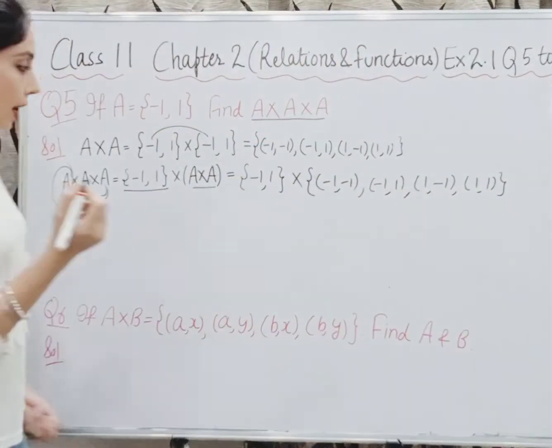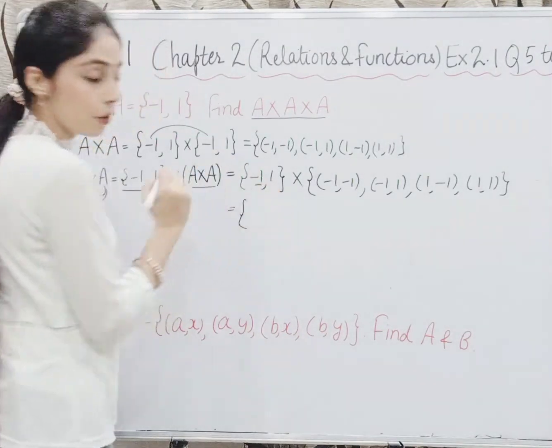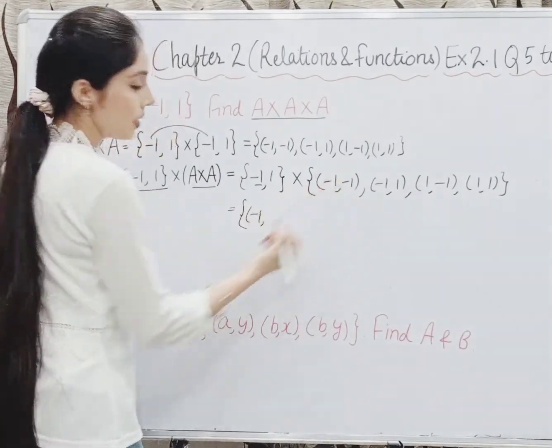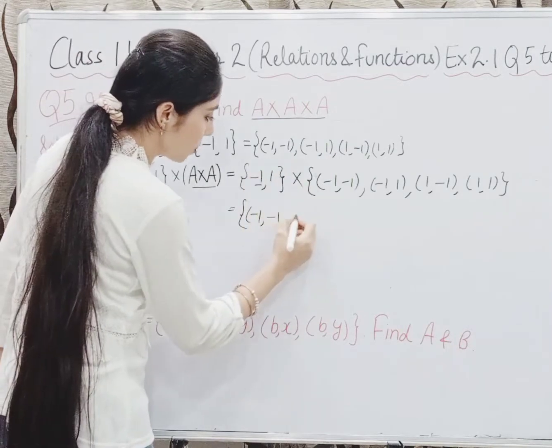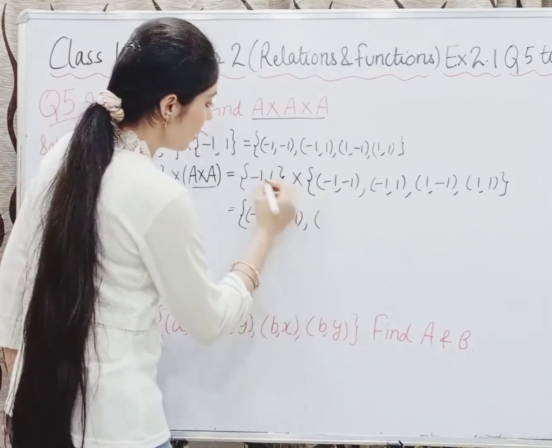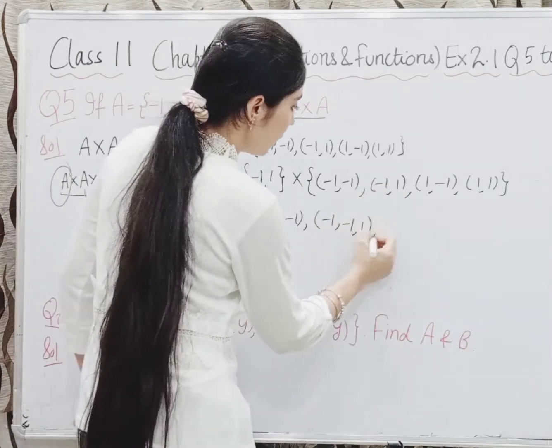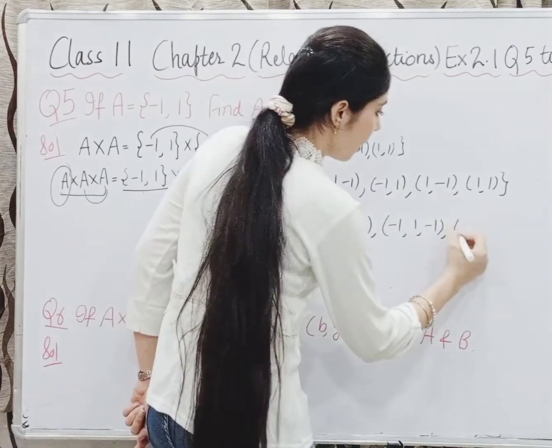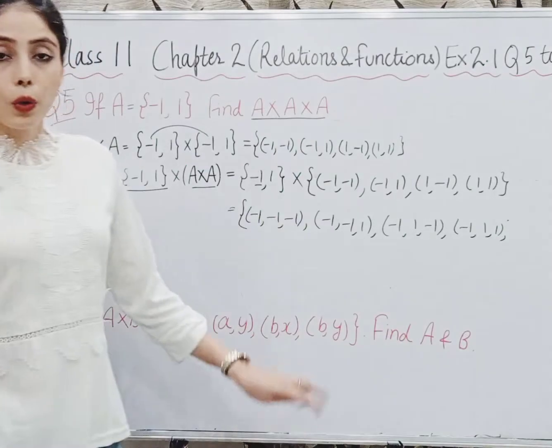To find the Cartesian product, we know that first of all we will write the first element of the first set and the first element of the second set. So this will be (-1, -1, -1), and this will be (-1, -1, 1), and (-1, 1, -1) and (-1, 1, 1). How will you find it?